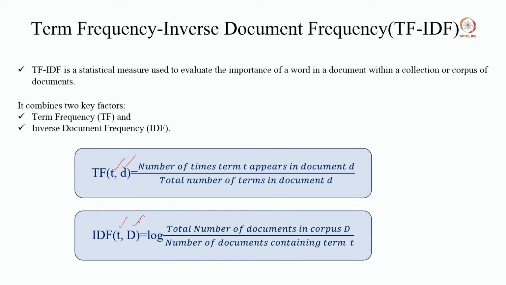It is equal to log of the total number of documents in the corpus, capital D, divided by the number of documents containing the term small t. The log of that gives me the inverse document frequency. Okay. These are the two definitions of term frequency and inverse document frequency.